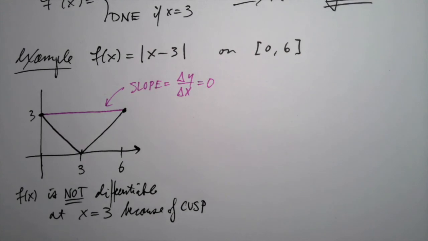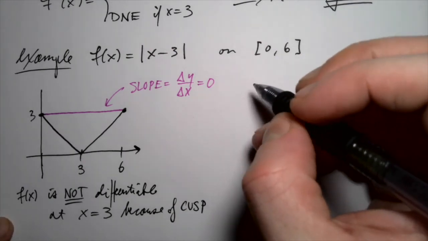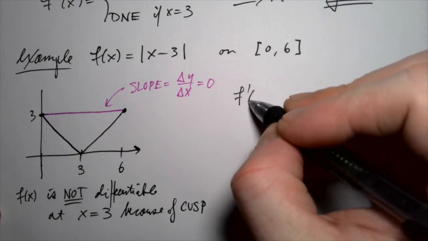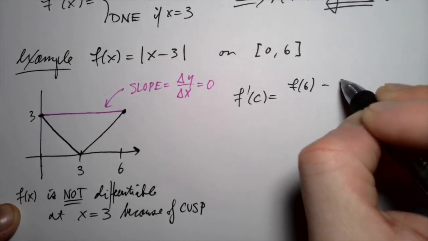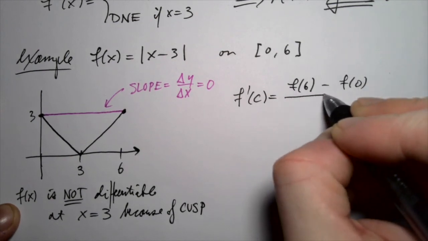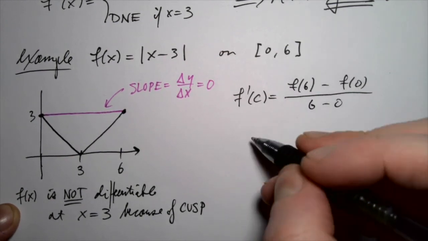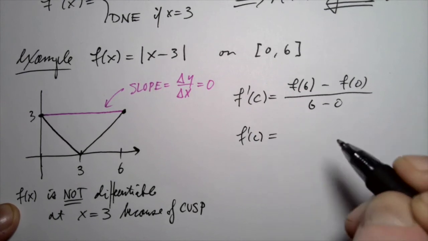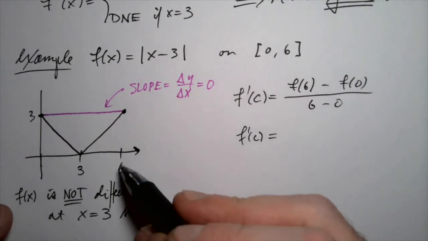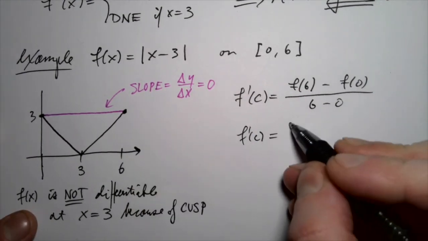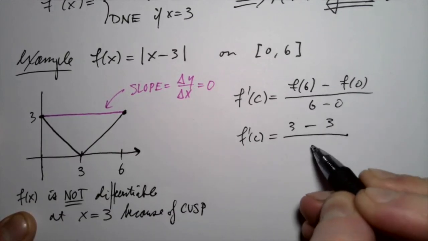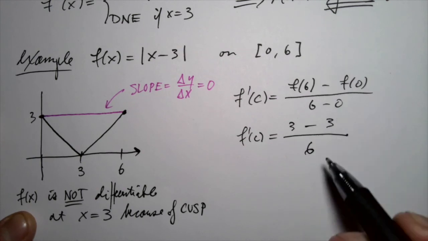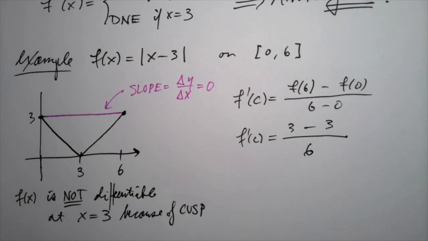Here, let's compute that directly from the formula, from the mean value theorem. So in this case, f of 6 minus f of 0 divided by 6 minus 0. Remember, that's our formula that the mean value theorem is all about. What's f of 6? That would be 3. F of 0, what's that all about? That would be 3. So we get 3 minus 3 over 6. The delta x, the change in x is 6. Indeed, that's 0.